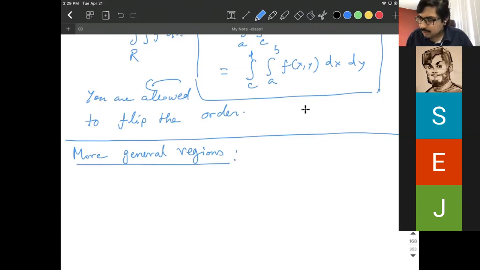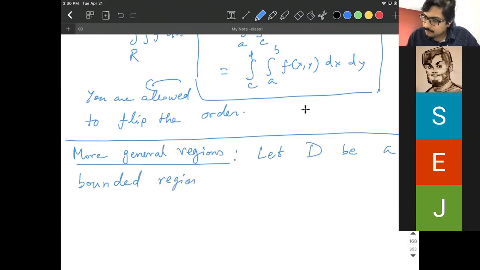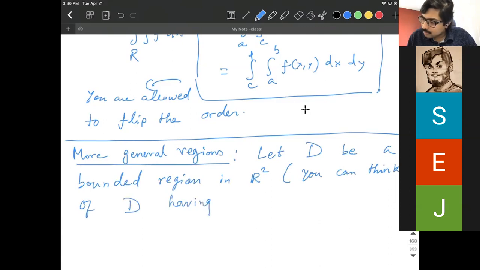Okay, so the first thing we restrict is the following. So let D be a bounded region in R2. Of course, you can think of D having a closed boundary, or even let's say you can think of D as having a finite area.